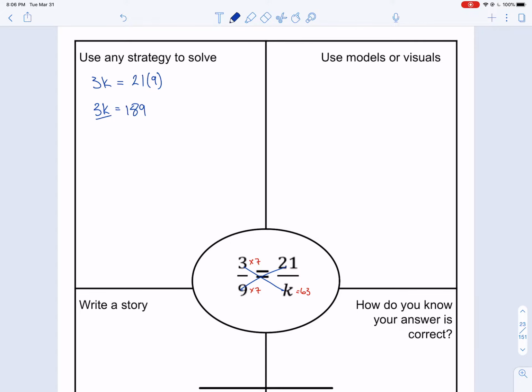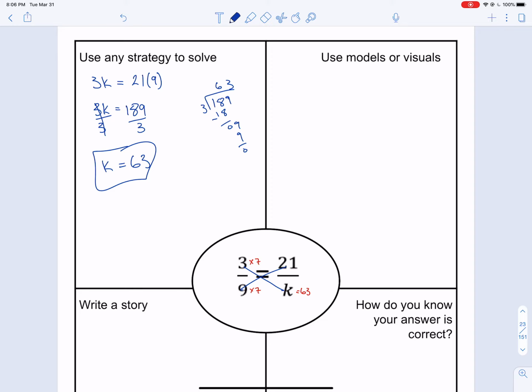So 189. The last step, we divide both sides by 3. That's a 1, so that's just 1k, or k on the left, equals 189 divided by 3. That's a 6, that's 18, that's perfect. 9, 3, no remainder. So we're done. k equals 63.